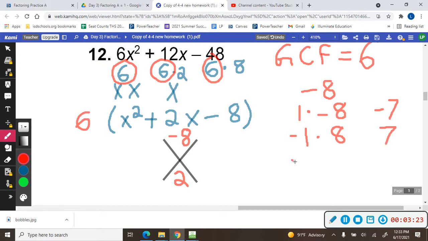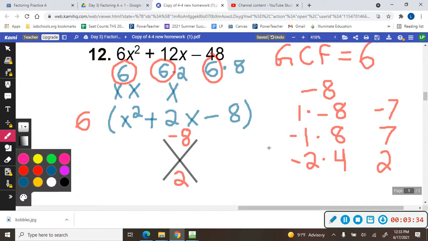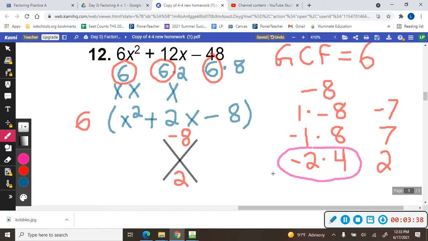What about negative 2 and 4? You add those, you get positive 2. So there's my combination, these two numbers. You multiply them, you get negative 8. You add them, you get 2.